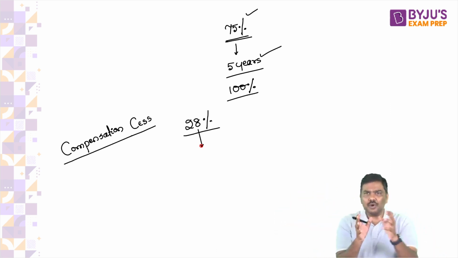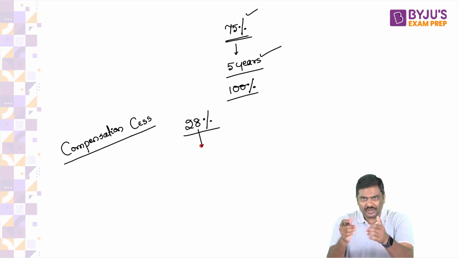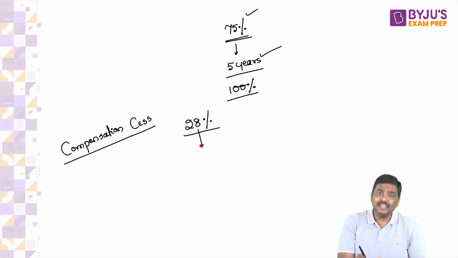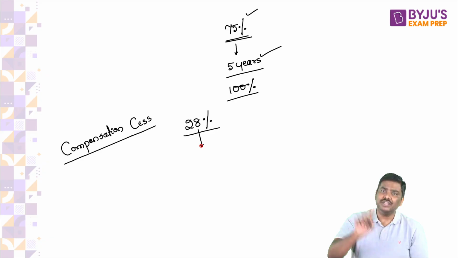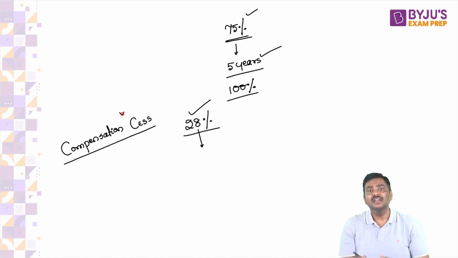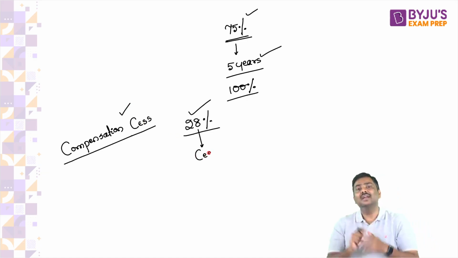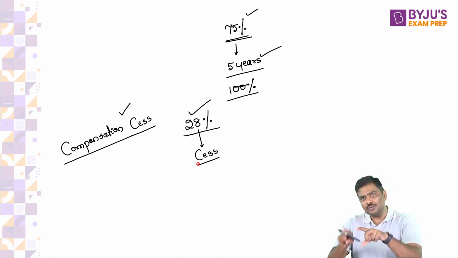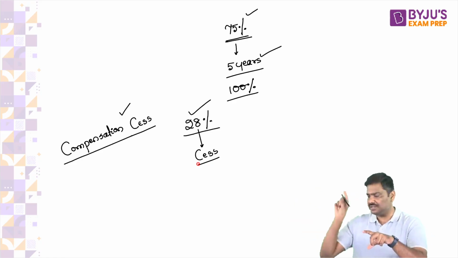In addition to 28%, these products will also be imposed with the compensation cess. This amount would be collected and used to provide compensation to the states.